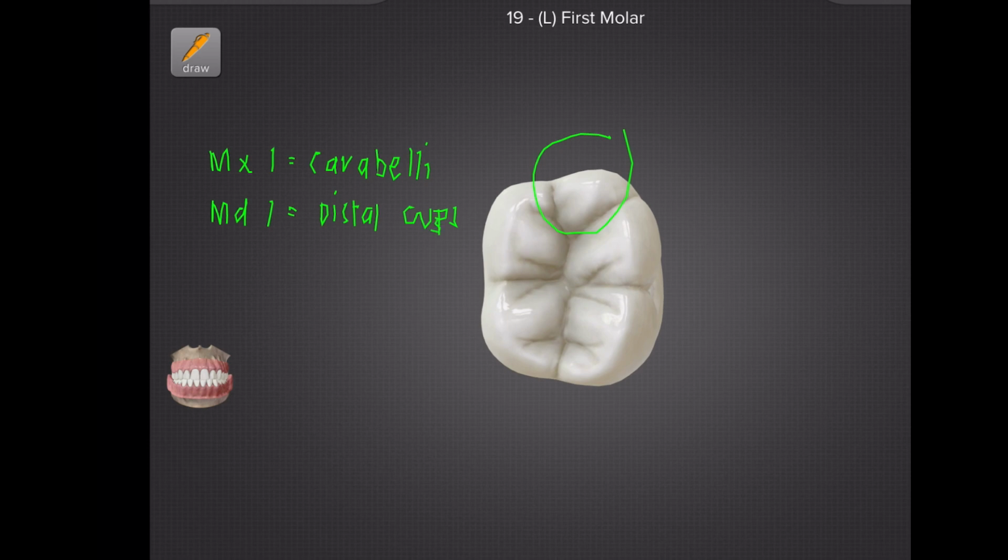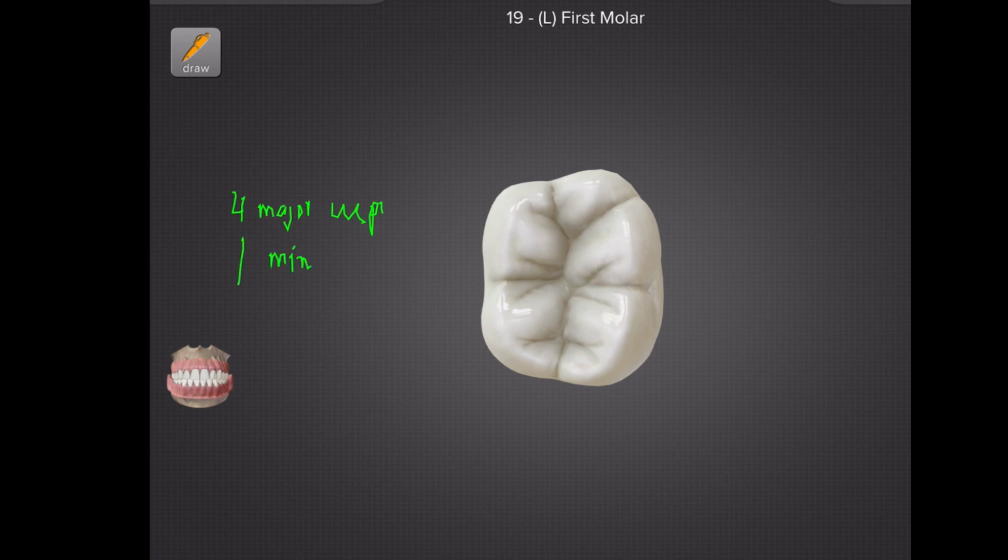So, for the first molar, you have 4 major cusps. You have 1 minor cusp. Any idea which cusp is that? Of course, the minor cusp is your distal cusp. So you have 5 lobes for your mandibular first molar.